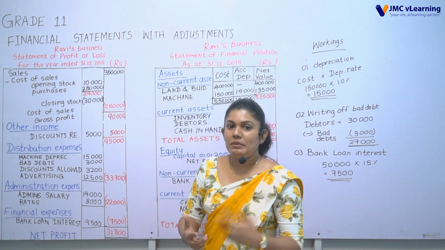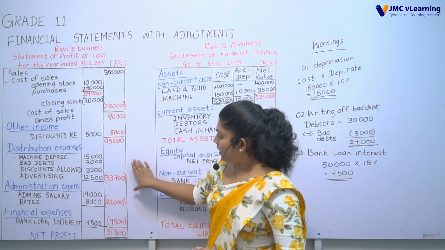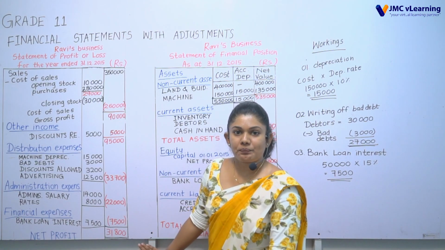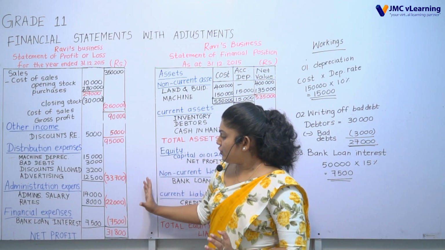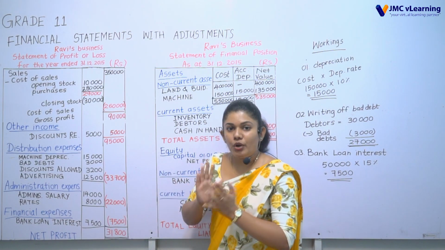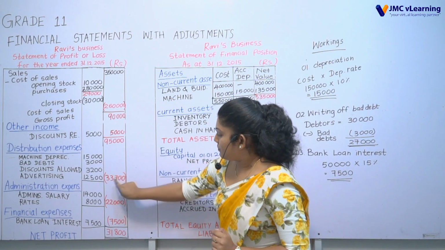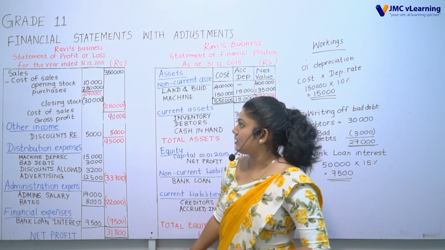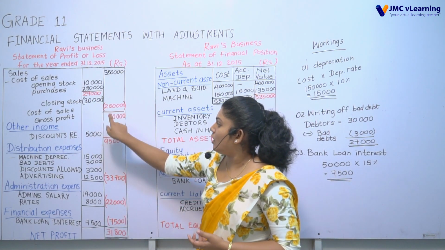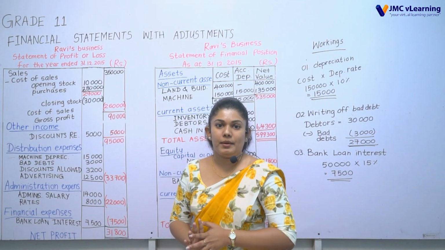Then you won't be mistaken, otherwise you will add all these together. That is a common mistake. Therefore, to make sure that you won't add, put these brackets for these figures you are hoping to deduct. Everywhere, closing stock, cost of sales, like that.